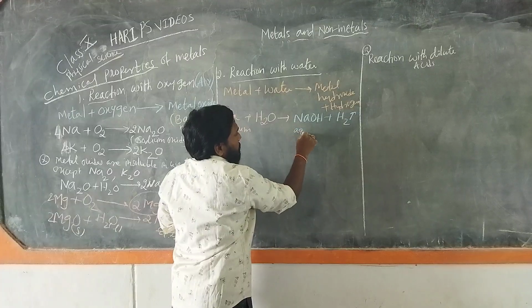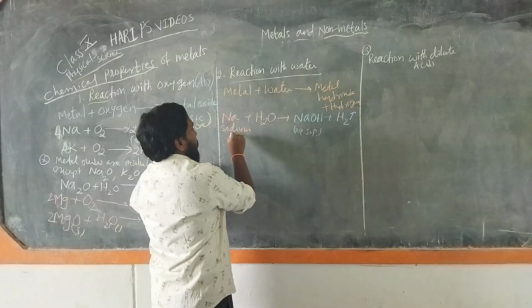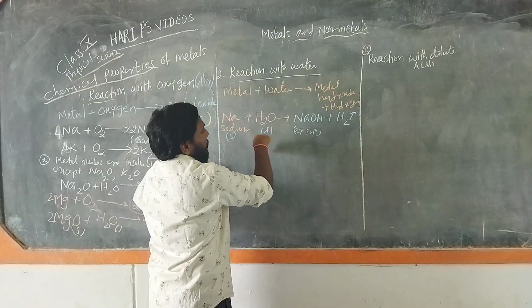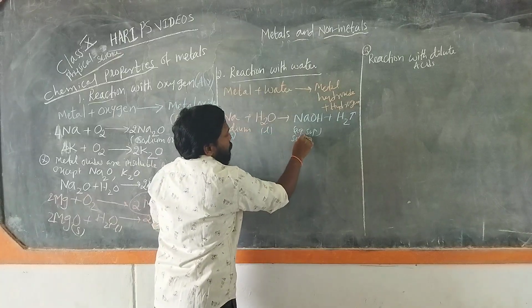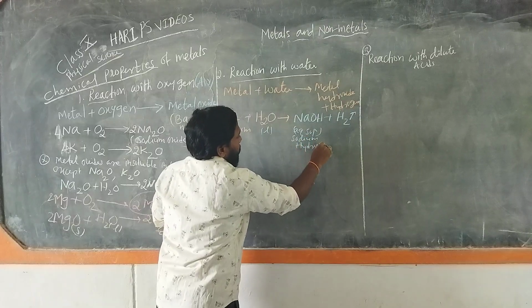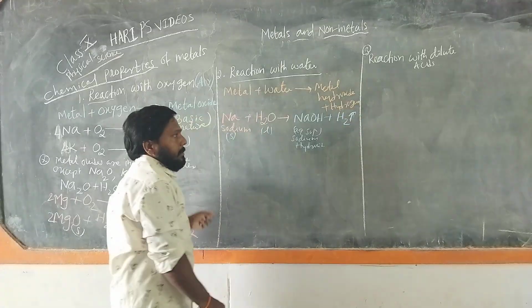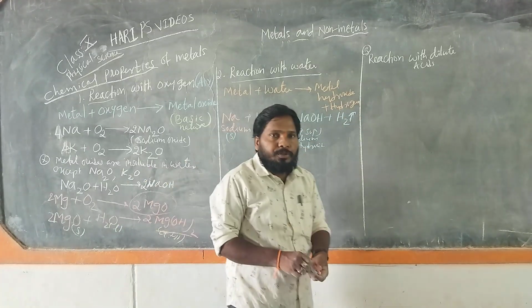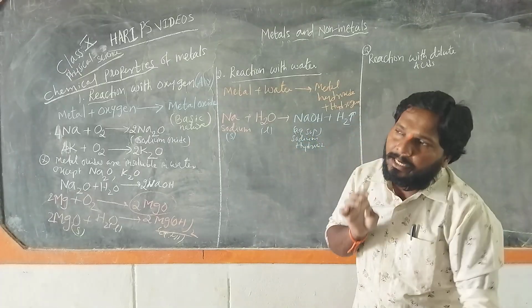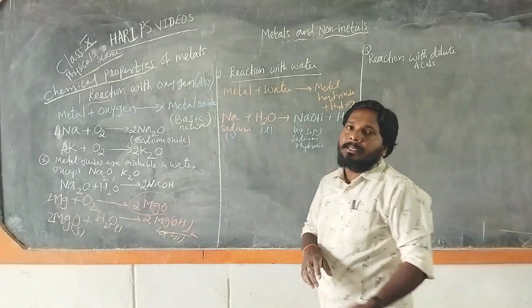Sodium hydroxide is an aqueous solution. When we test this solution with litmus papers, red litmus turns into blue litmus. So it is basic in nature.